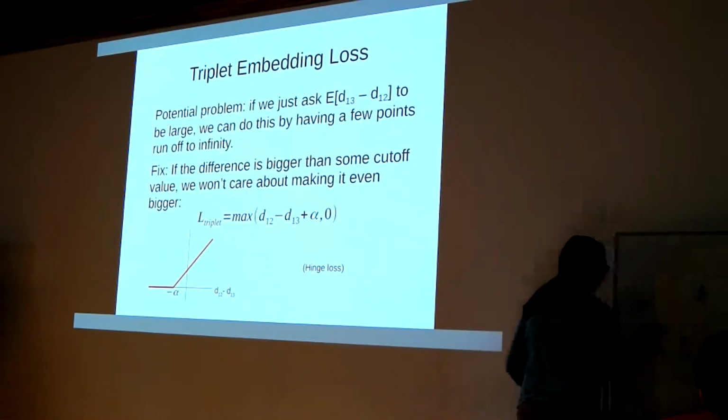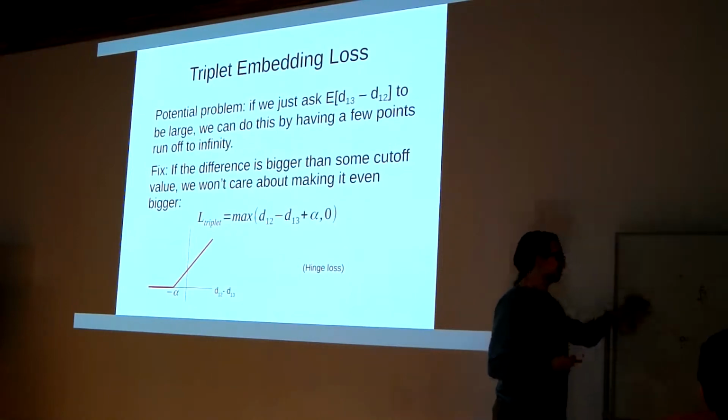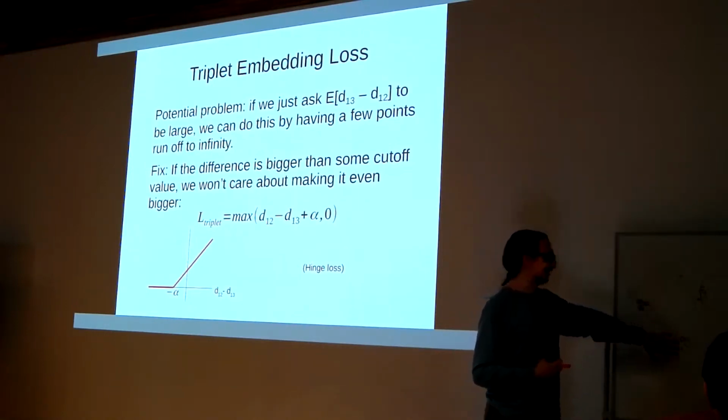In this case, the things that I want to make small are these and this and that. And then the things I want to make large are all of these other ones. So the problem is these are not balanced.